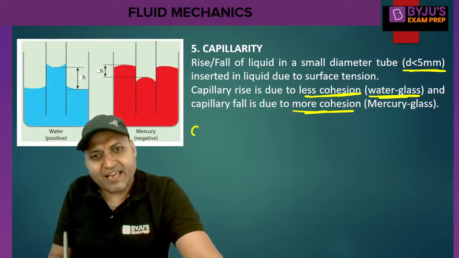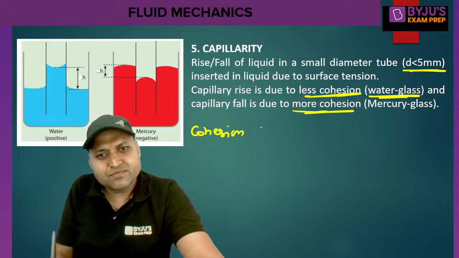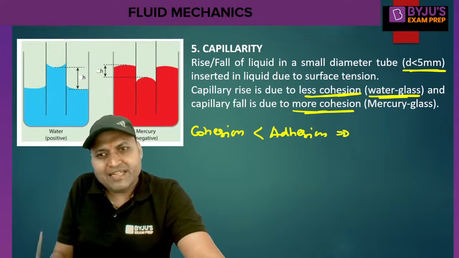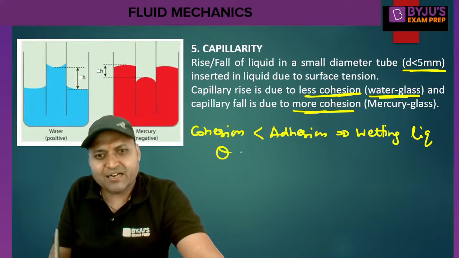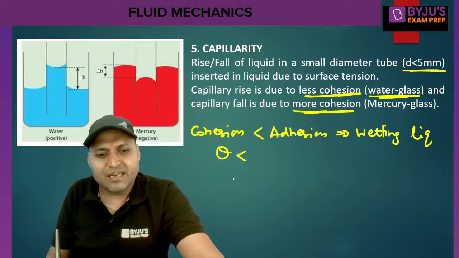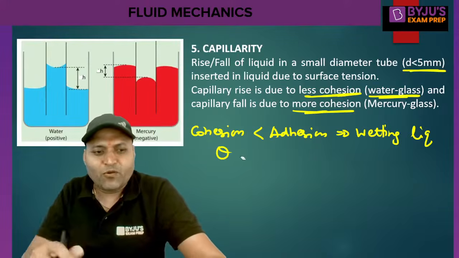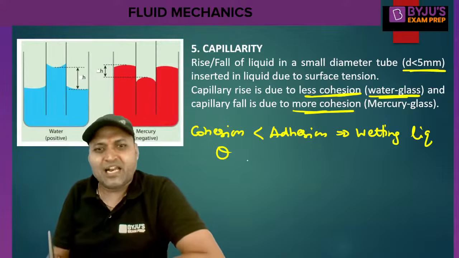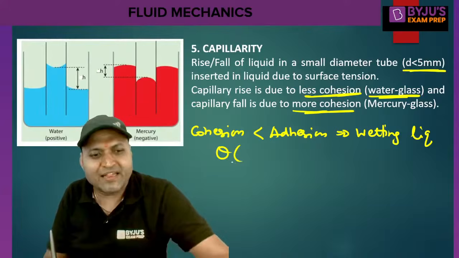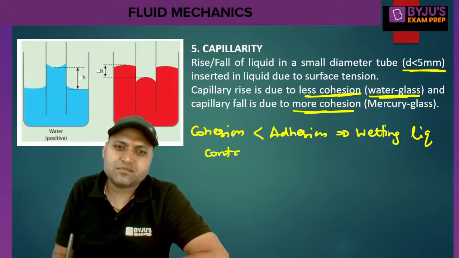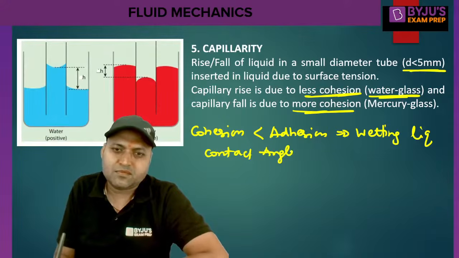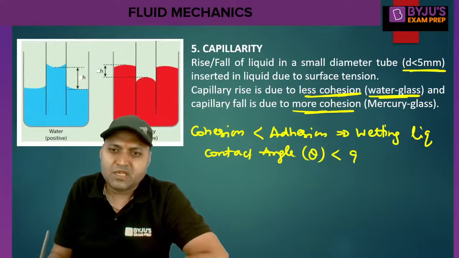If cohesion is less than adhesion, then the liquid is called a wetting liquid, and the contact angle theta is less than 90 degree.